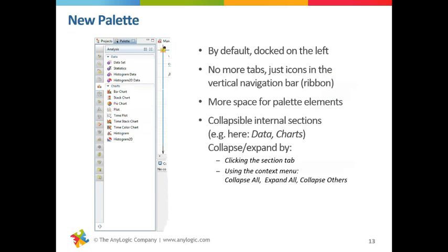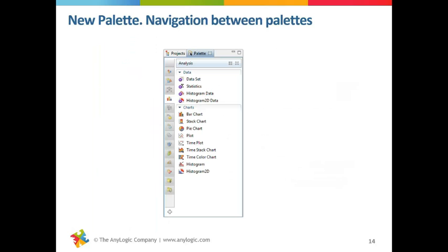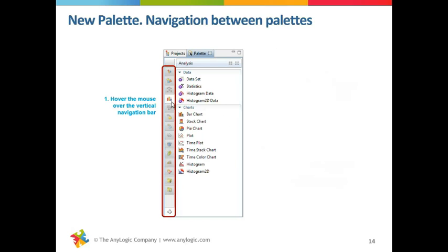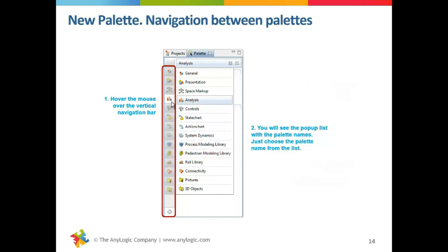The palettes are now represented by a vertical ribbon of icons, with more space devoted to current palette objects. To navigate to a different palette, you can hover the mouse over the ribbon of palette icons, and the palette names will appear. You can select a new palette by icon or name.